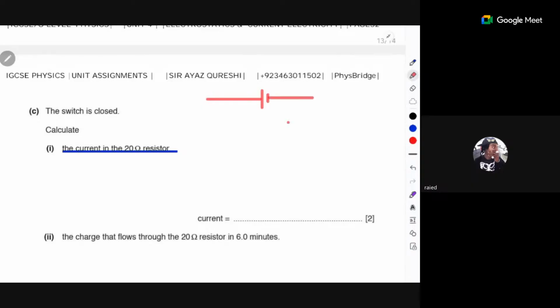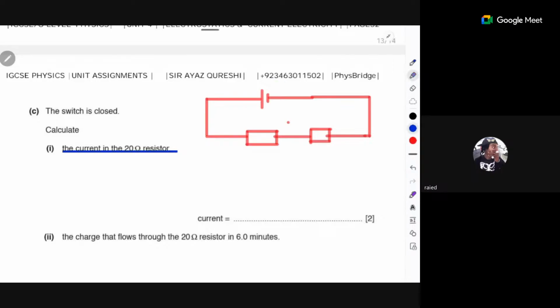This is a 12-volt battery, and that 12-volt battery is now connected with two resistors which are basically connected here. One is this one. What about the second? This one. Everyone agreed? Everyone agreed or not?